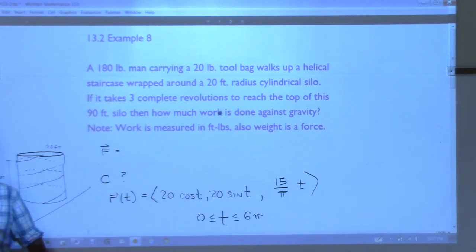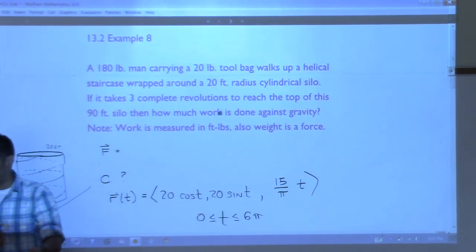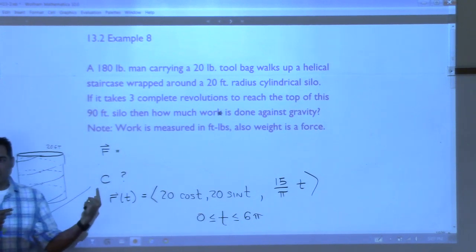If you want to know how long it takes a dropped object to hit the ground, you can use a quadratic function if you neglect air. If you want to factor in air, your function becomes more complicated. This is the same thing here.